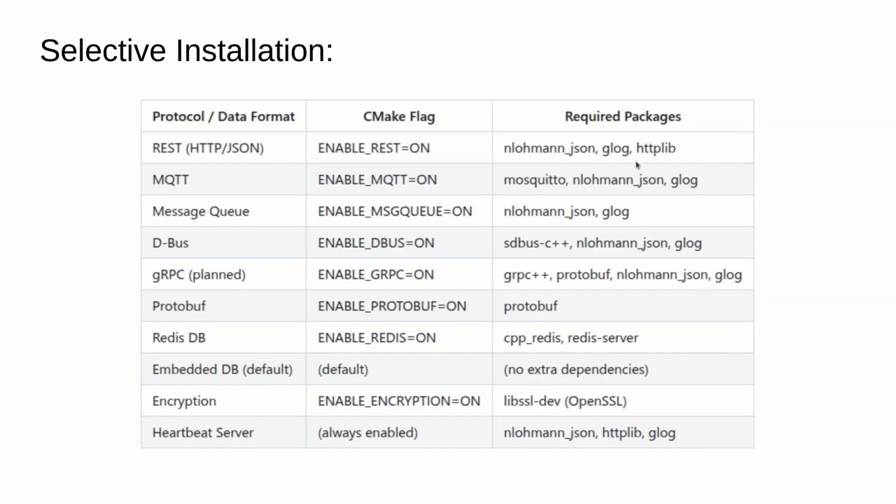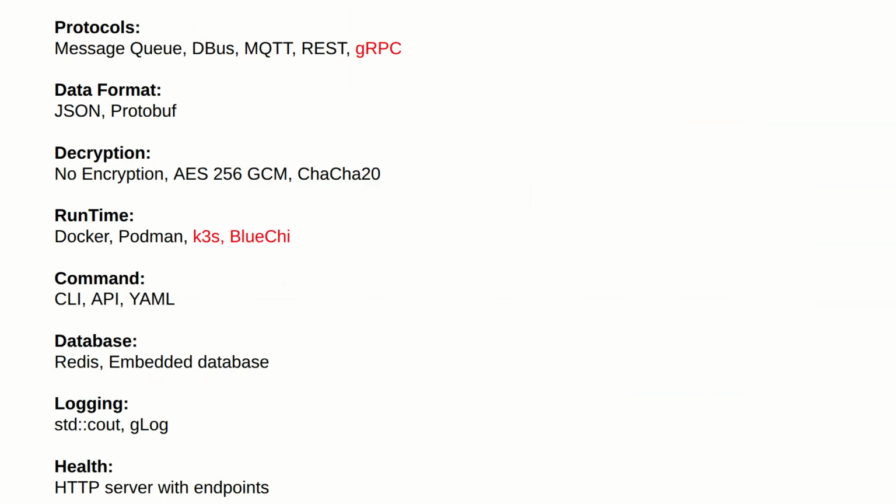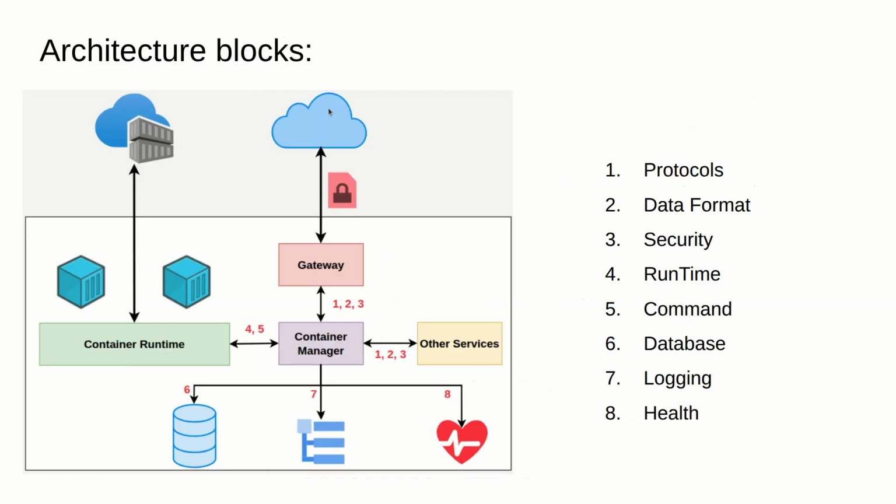Now I was speaking regarding the selective installation and selective build. What do I mean? As of now, you have seen that it supports multiple protocols or multiple data formats, multiple encryptions, multiple runtimes, many things. Now say I am doing an OTA use case where I am getting data from the cloud to the TCU gateway, and the incoming data is a protofile.